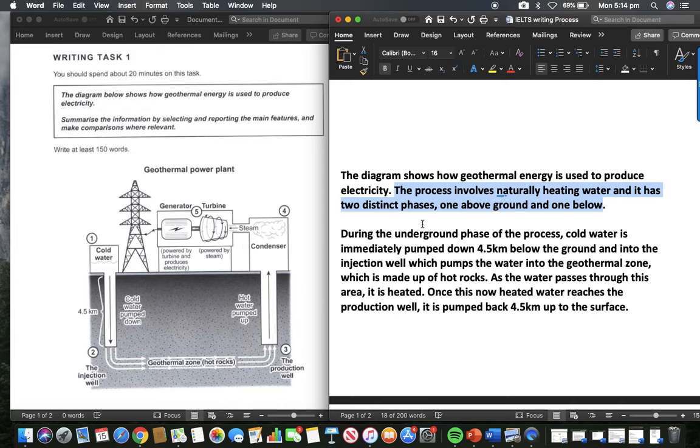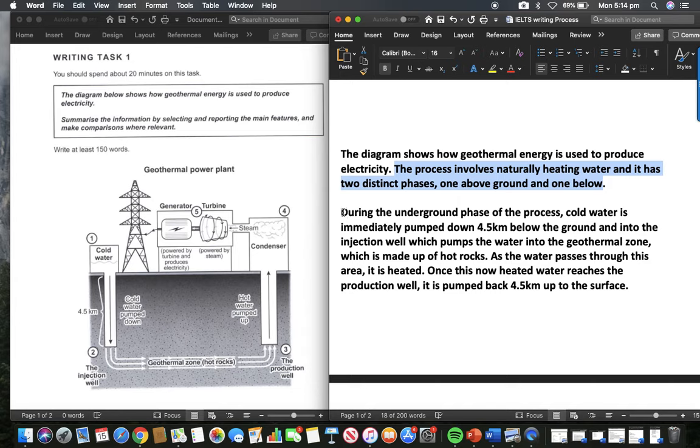This one generally doesn't have an overall trend, but it's worth mentioning that to start off. Then I mentioned being flexible with your connecting language, and so that's a nice example here. During the underground phase of the process. And this could be switched with first phase, depending on the process you get.